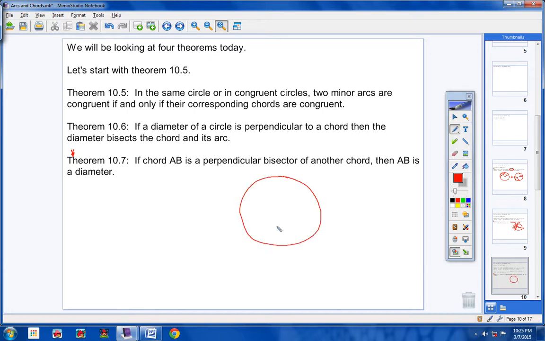Congruence. Alright, there we go. Here's chord AB. Okay, and here's, we'll call this chord XY, okay? Now look, watch carefully. Mark this carefully. If chord AB is a perpendicular bisector, so we have to have a perpendicular symbol here, and AB is also a bisector.